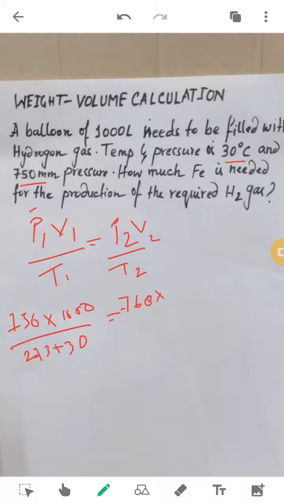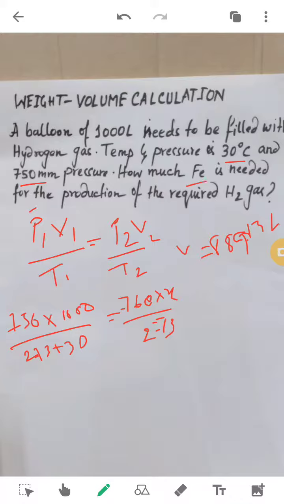We don't know the volume, so we take it as X, divided by T2, that is always 273 at STP conditions. Now your volume comes as 889.13 liter. That much volume of hydrogen gas you have to get from iron.